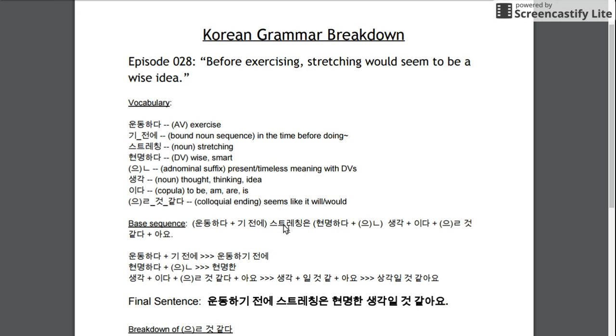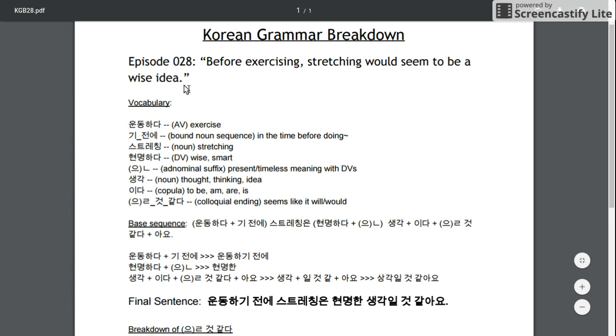Stretching is using this topic marker for that, and then we're taking this descriptive verb and turning it into an adnominal, or similar to an adjective, wise. Okay, hyunmyoung han, wise, before the noun idea, sengak. And then, now watch this last part. This is a little bit tricky.